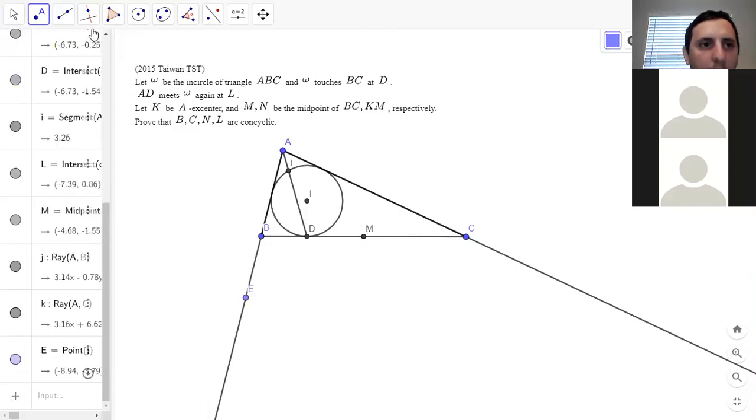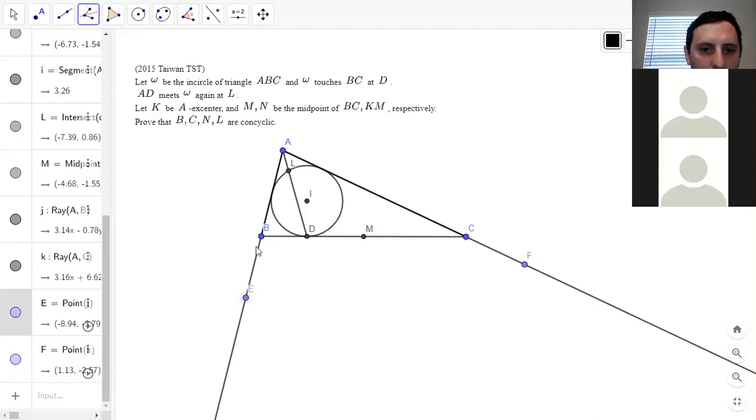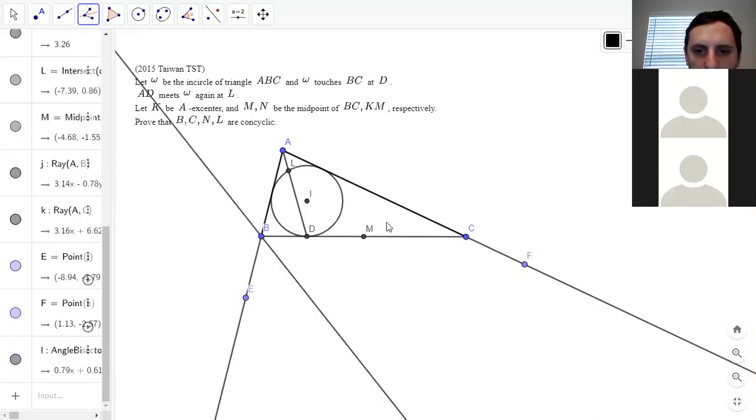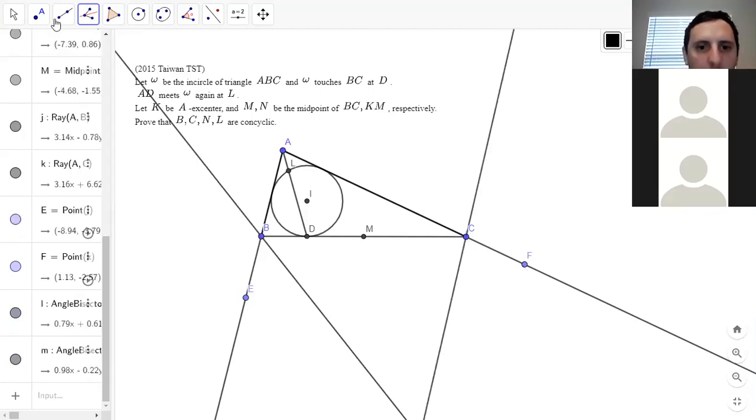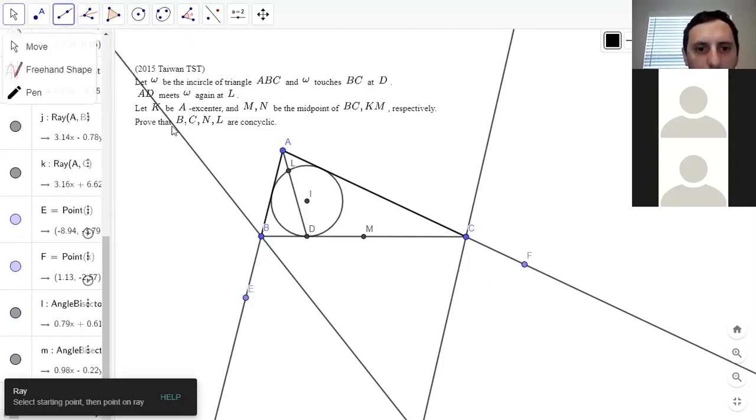So I'll draw the two angle bisectors. Really three, but just to make it look nice. Then also AI. Well, first I'll just draw the excenter.